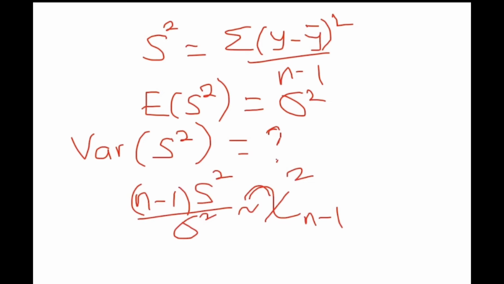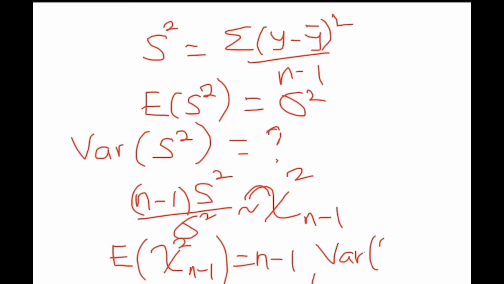So we need to recall the properties of the chi-square distribution, its mean and its variance. From statistical theory, the expectation of a chi-square is equal to the number of degrees of freedom, and the variance of a chi-square is 2 times the degrees of freedom.